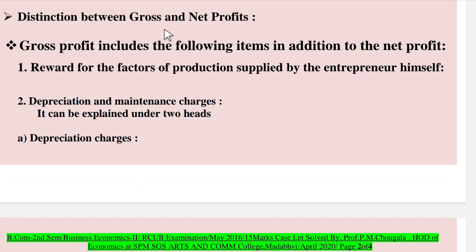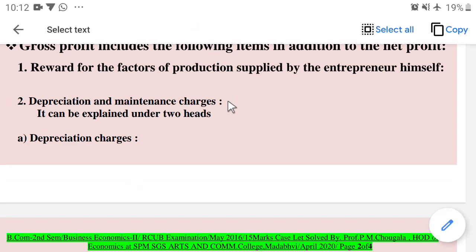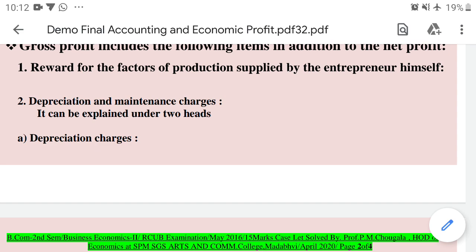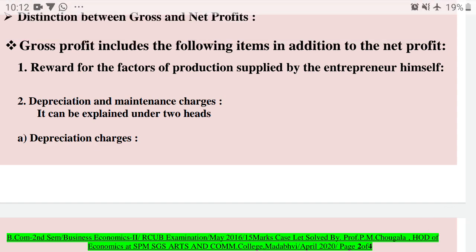Net profit refers to the payment made to the entrepreneur for performing only entrepreneurial functions, or net profit is the reward earned exclusively by the entrepreneur for his entrepreneurial functions.